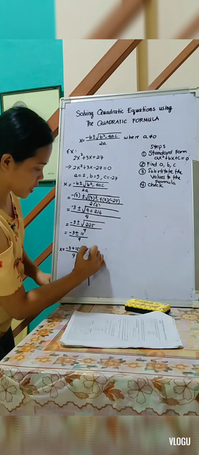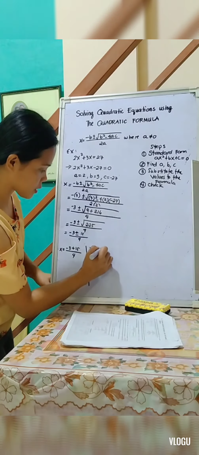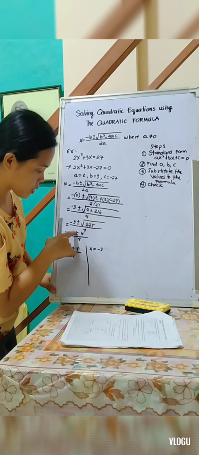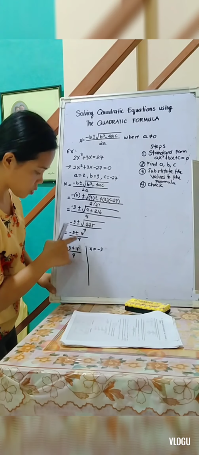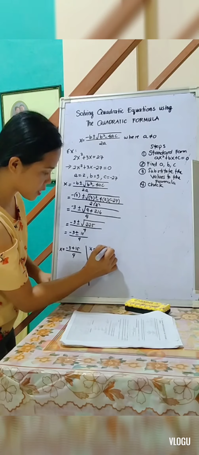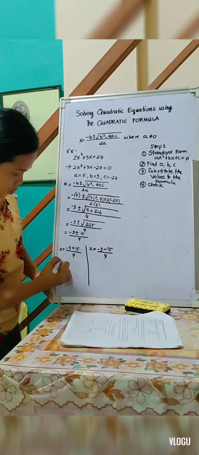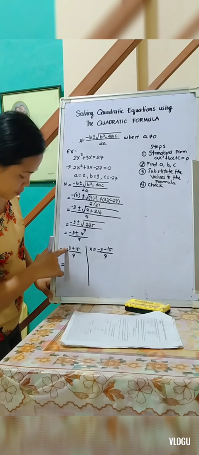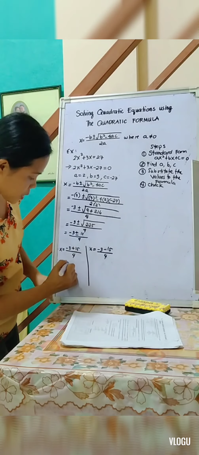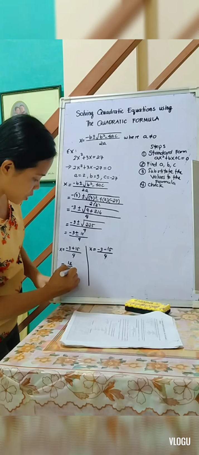The other one, we will have x equals negative 3. Since we already took the positive 15, so we will have negative 15 all over 4. So you have negative 3 and 15, that is positive 12 over 4.